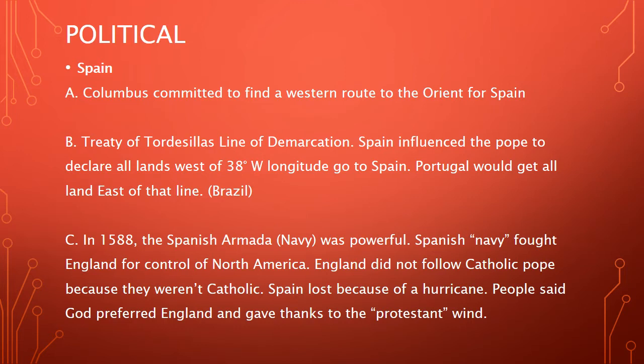Asia. And he never really makes it. He thought he did, and he thought he landed in India, but that's why he called the Native Americans who lived here, who he discovered, Indians, even though they were not from India.